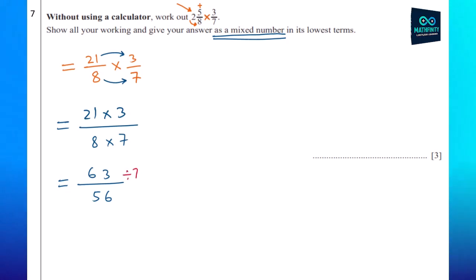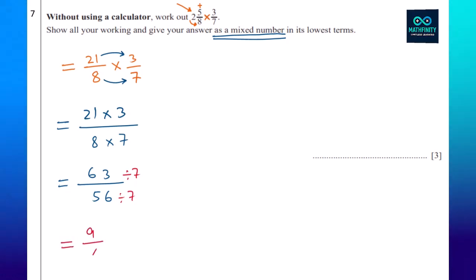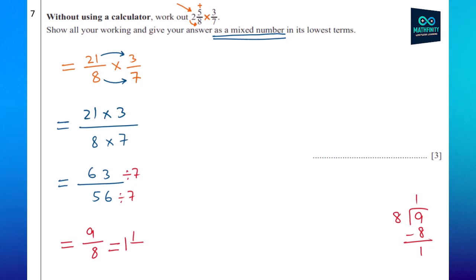This we can divide by 7 and this also we can divide by 7. So what is the final answer? 9 over 8. And as they said mixed number, we will write 9 inside and divide by 8, 1, and after subtraction we will get this one. So what is the final answer? 1 whole, 1 over 8.